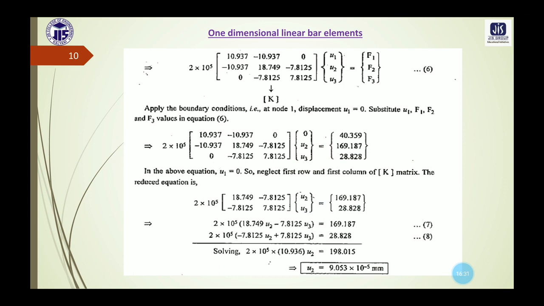From these two equations 7 and 8, we can easily find the value of the nodal displacement at node 2. That means u2 equals to 9.053 into 10 to the power minus 5 millimeter.